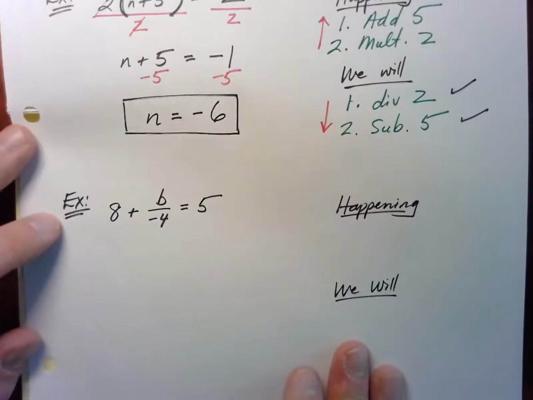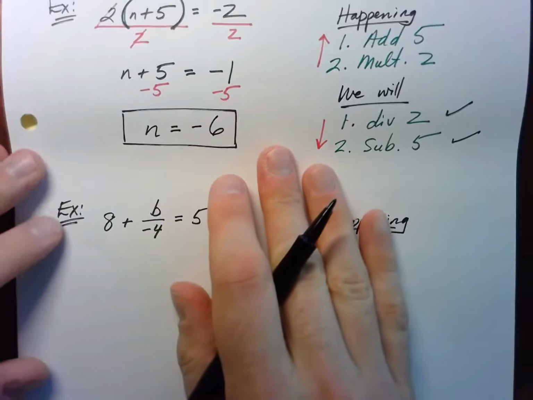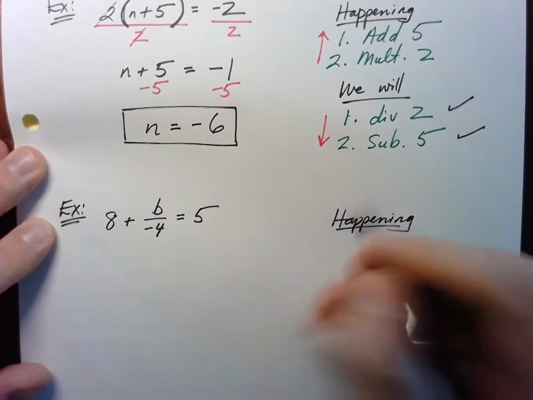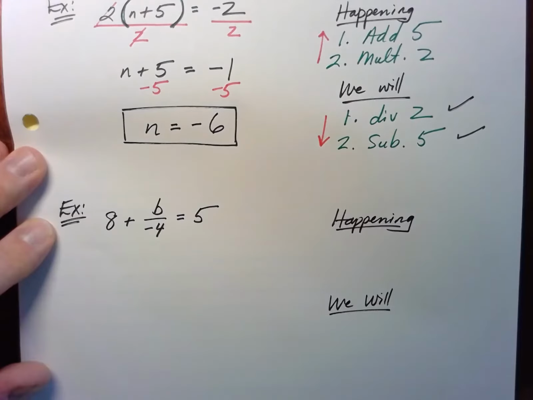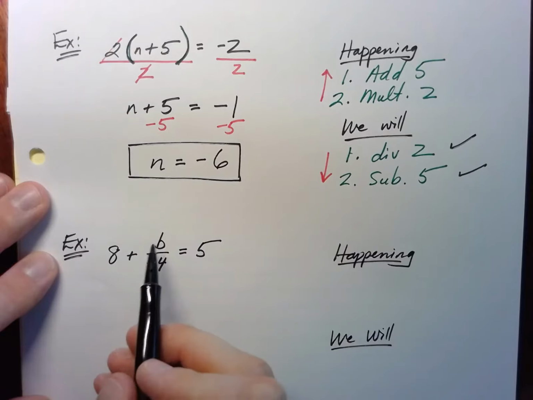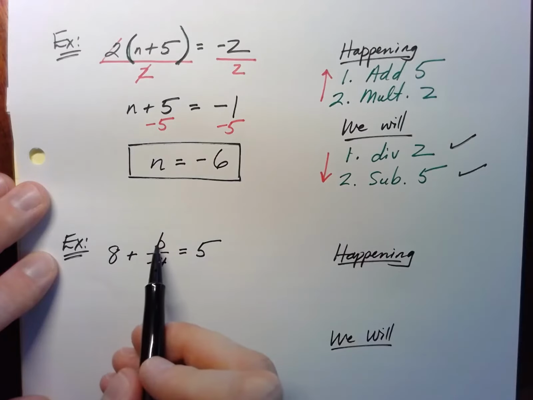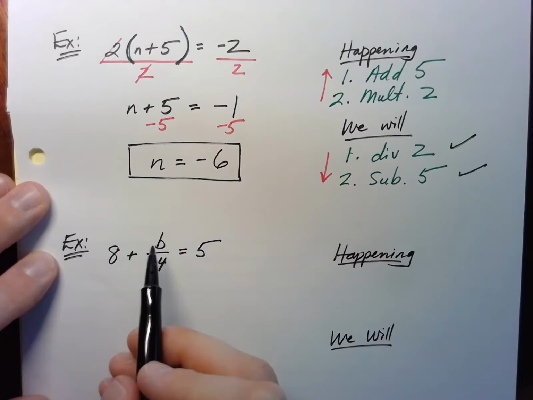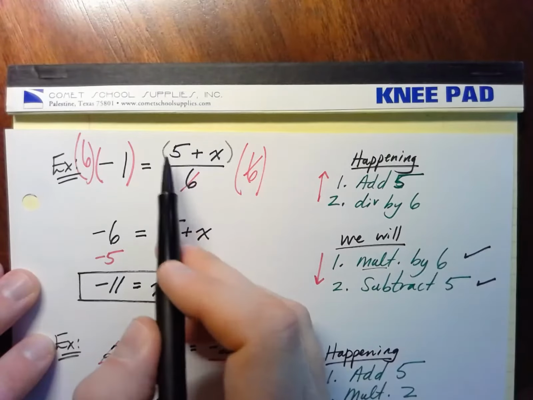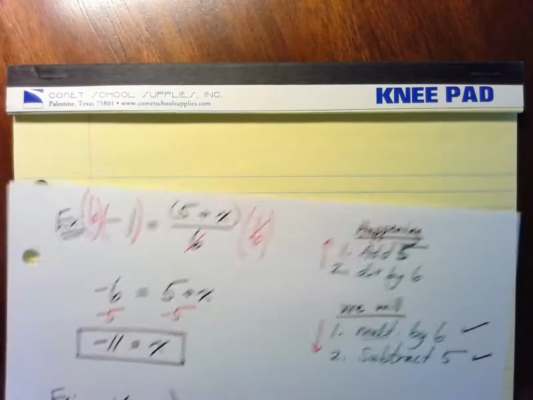Okay? Last example. So stick with me for the last example here. What's happening to b? Well, the first thing that's happening to it, and notice the difference here. Notice that this 8 plus b is not in the numerator. Only the b is in the numerator. So we're not approaching it like we did this one, where everything was in the numerator.